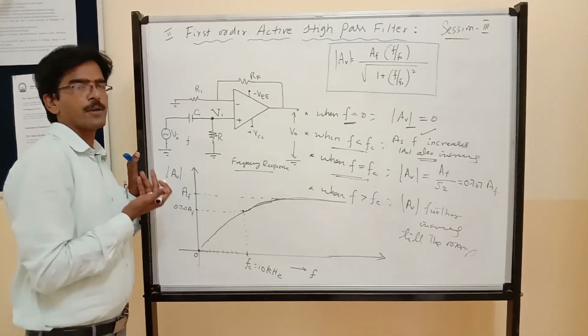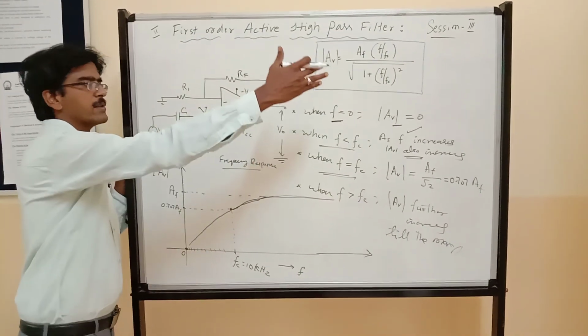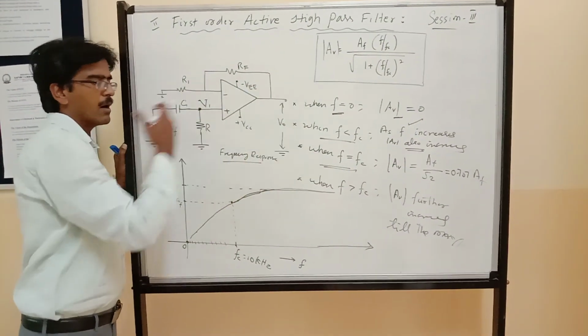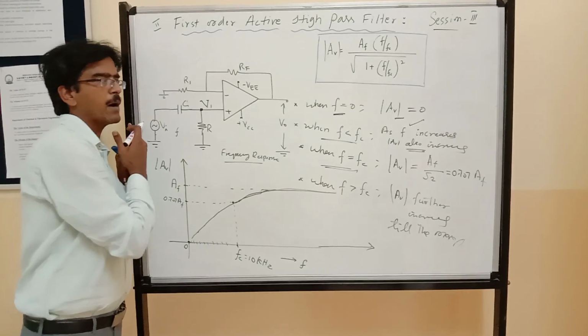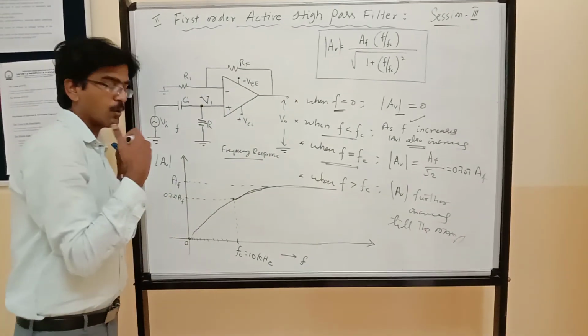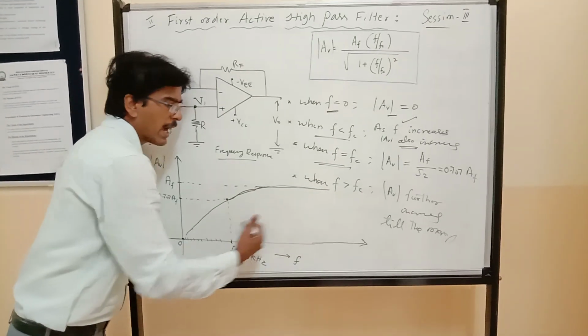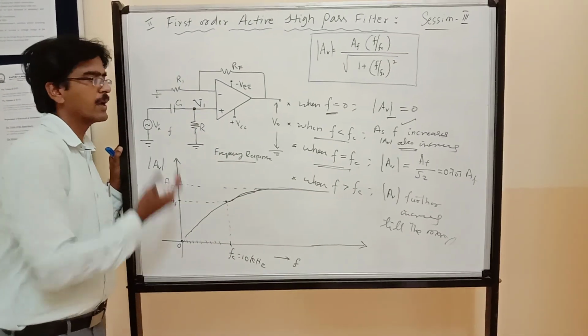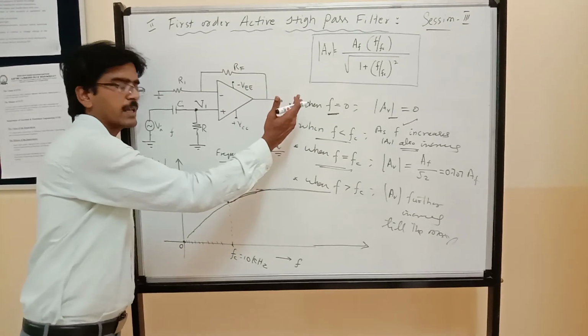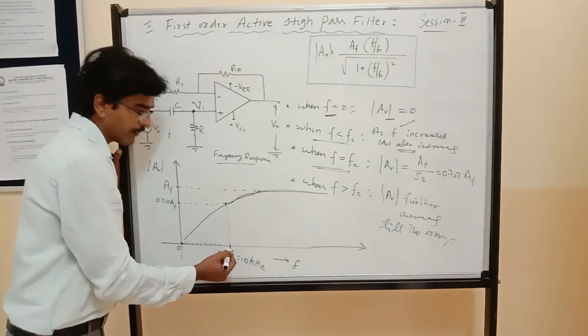Input is equal to output. That means all the input signal frequencies will be passed by this filter. Which range? Above Fc, that means higher frequency signals. Hence all higher frequency signals will be passed by this filter.